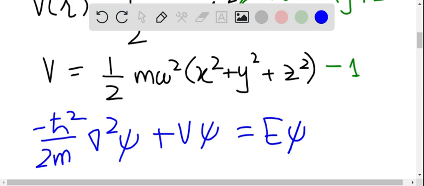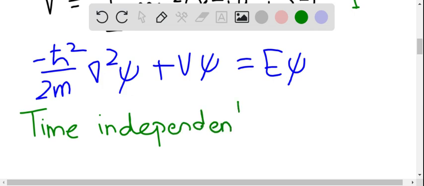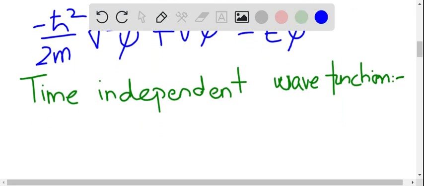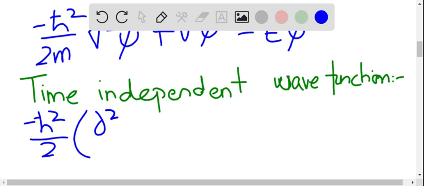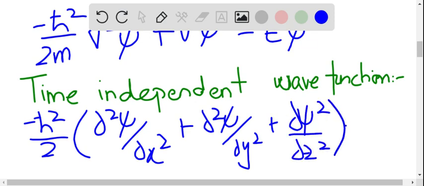So now, the time independent wave function is this equation, that is, h-bar square divided by 2m into the double derivative of psi with respect to x, plus double derivative of psi with respect to y, plus double derivative of psi with respect to z, plus V times psi is equal to E times psi, right?